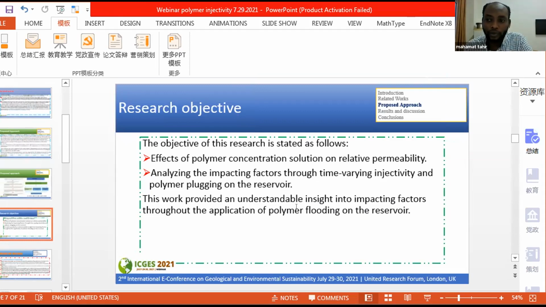So the work here would provide in general an understanding about the effects or the impact factors throughout the application of polymer flooding.